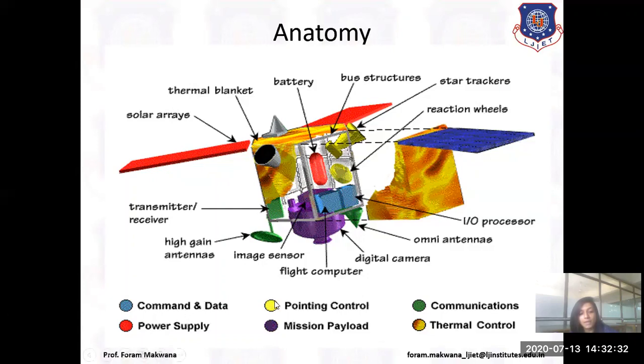And power supply, pointing control, that means we have to make sure our satellite remains in a specific orbit. So we have to control its altitude as well as its orbit. Then its payload. The green one is for communication, that means it consists of transmitter or receiver, or you can say high gain antenna. And thermal control means we have to control its temperature.